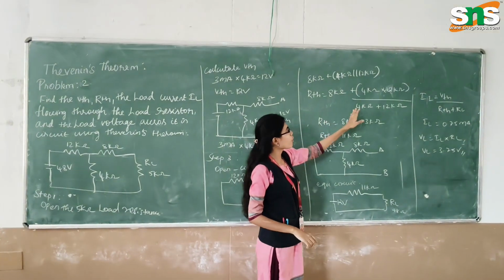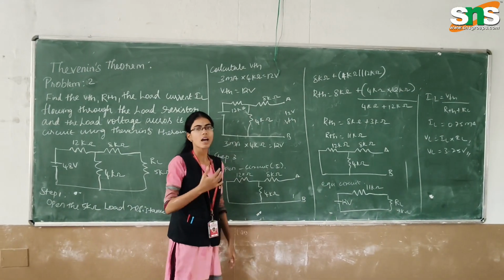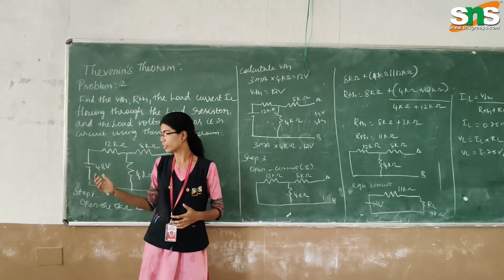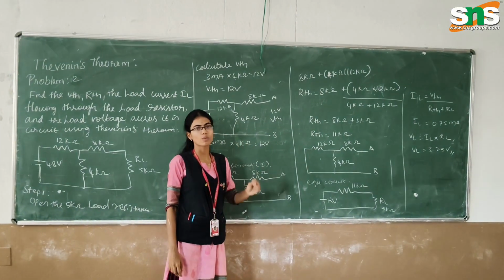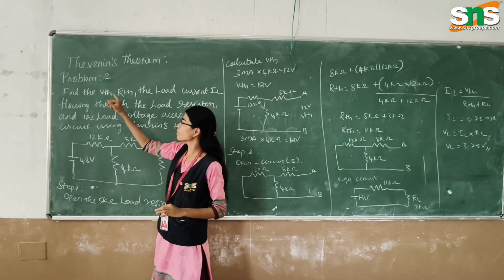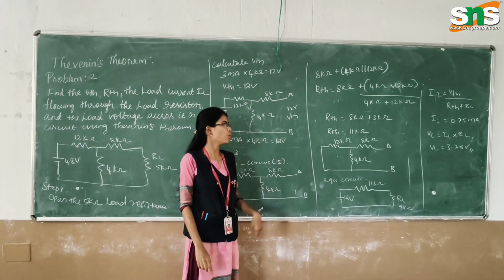Applying the parallel formula we get 3 kilo ohms. So Thevenin resistance is adding all the resistance values in the circuit. By adding 8 plus 3 we get 11 kilo ohms. So we found the Thevenin voltage as 12 volt and the Thevenin resistance as 11 kilo ohms.